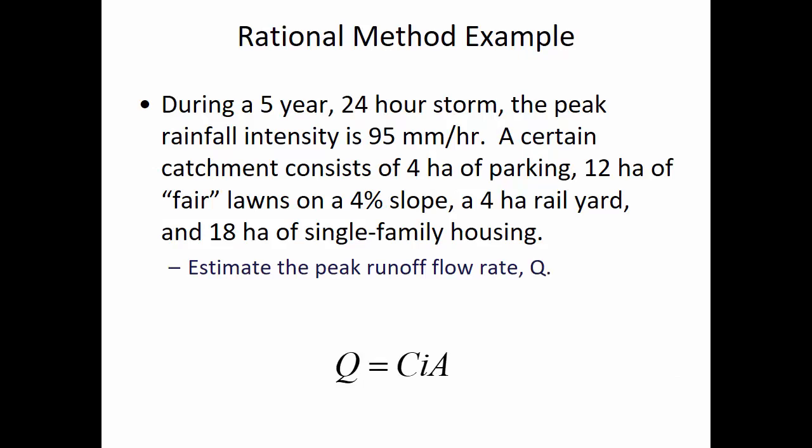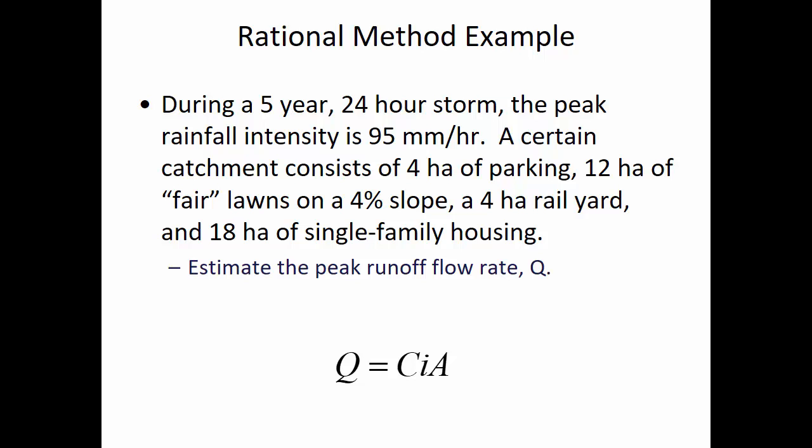Let's go back to the formula for the rational method here. You've got the weighted C value. The intensity that you're going to apply is 95 millimeters per hour. And then the total area of 38 hectares. As a reminder, since it's probably been a while, 1 hectare is 10,000 meters squared.